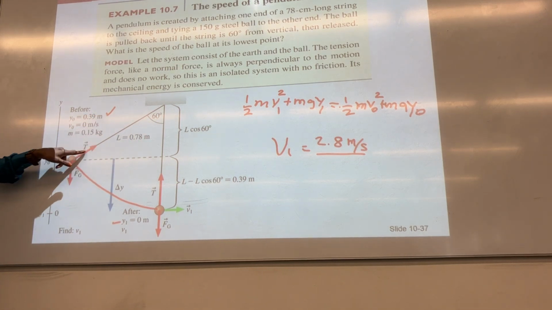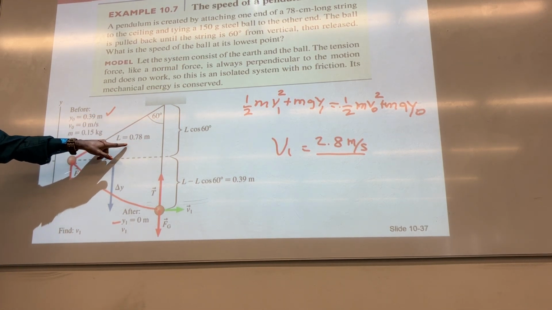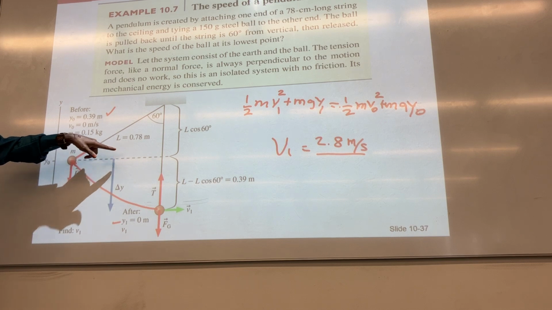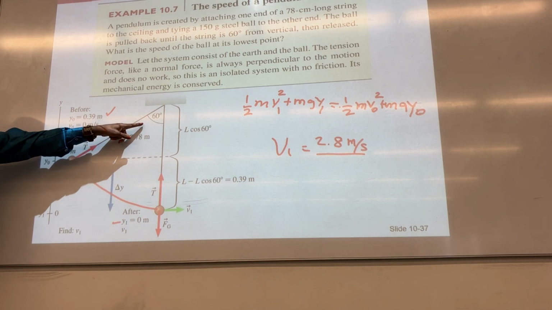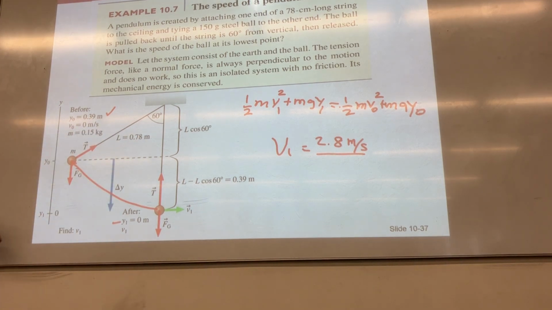The length of the string is 78 centimeters, that's 0.78 meters, and the mass of the pendulum is 150 grams. The ball is pulled back until 60 degrees, that's an angle, from the vertical, then released.